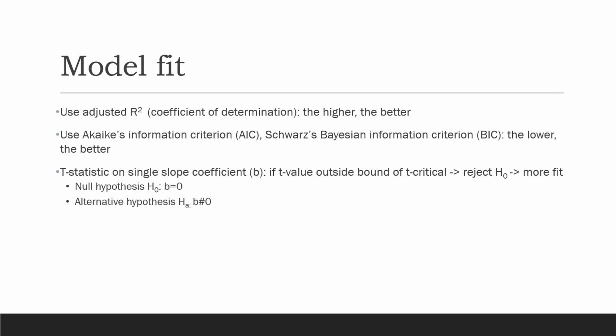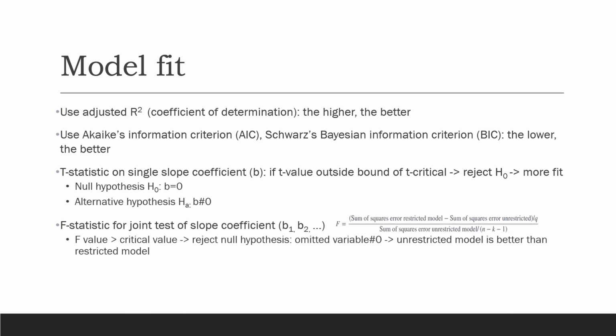Or you can use the F statistic. This F statistic is usually used to test the slope coefficients to compare which model is a better fit. For example, one model uses 3 different independent variables, but the other model uses 5 different independent variables, and you want to know which one is a better fit.